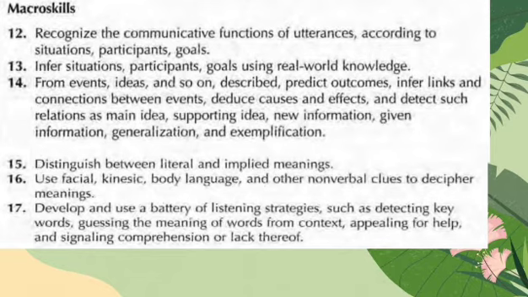And the next, infer situations, participants, and goals using real-world knowledge. From events and ideas, describe, predict outcomes, infer links and connections between events, deduce cause and effect, and detect such relations as main idea, supporting idea, new information, given information, generalization, and exemplification.